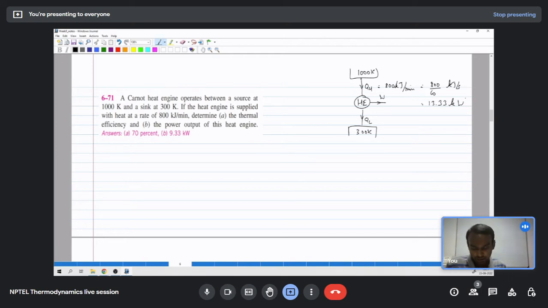Now we can calculate the thermal efficiency. Thermal efficiency is given by 1 minus temperature of low temperature reservoir by temperature of high temperature reservoir, which is 1 minus 300 by 1000, which is 0.7 or 70%.